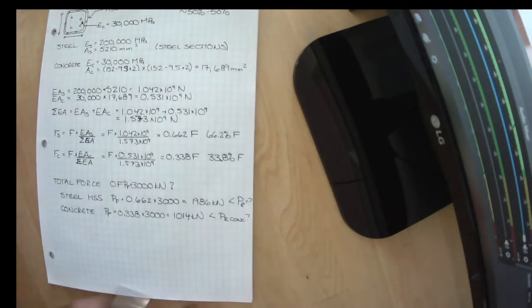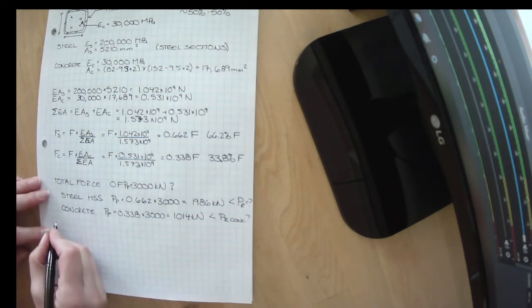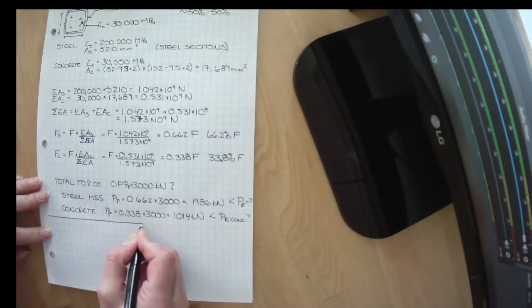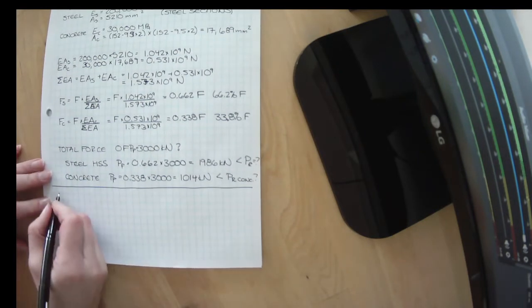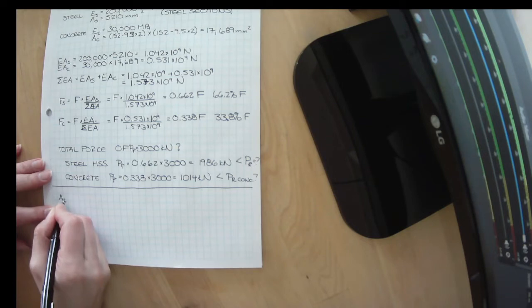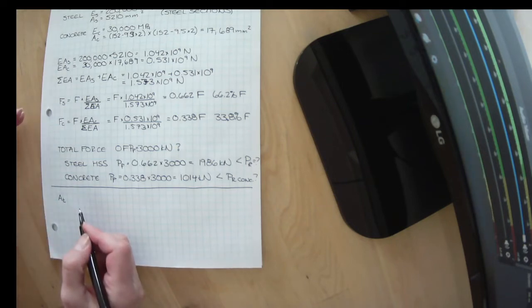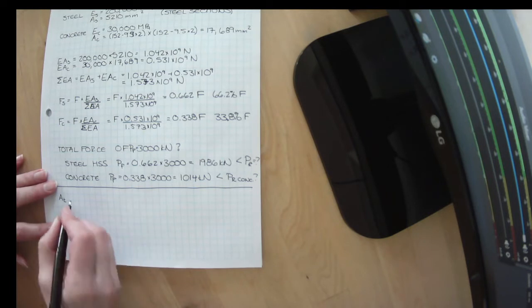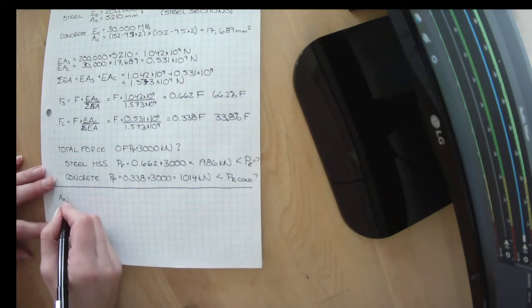What we want to know is if we're transforming the steel into concrete, let's take a look at the area of the transformed section. So we're going to pretend that that EA of steel has an E of 30,000 MPa, essentially. So we want to change the ratio here to figure out what area we would need instead.